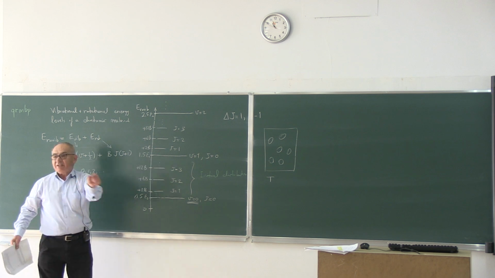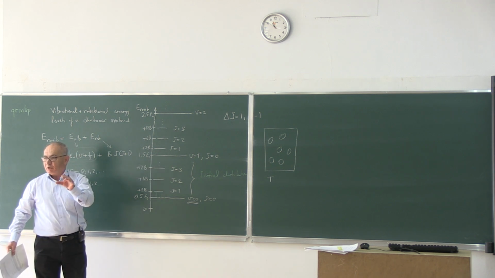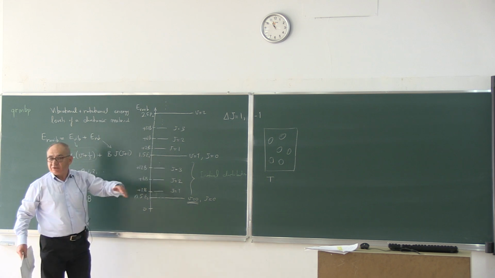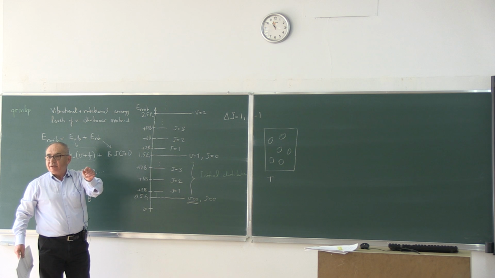And the relative populations of these molecules over the various rotational levels are obtained by the Boltzmann distribution expression, and we had done that before.